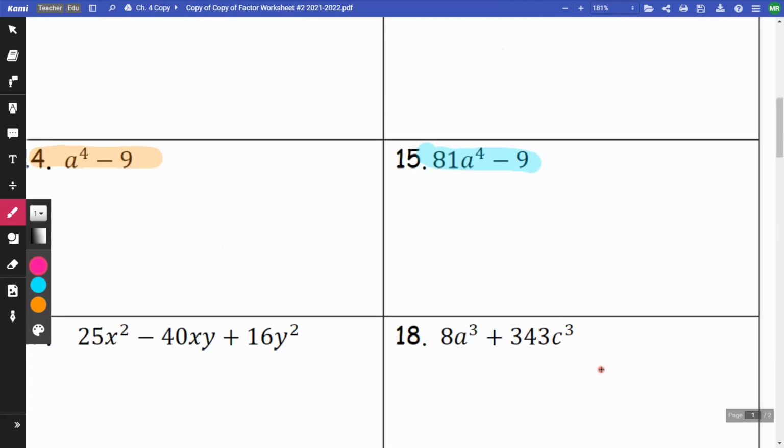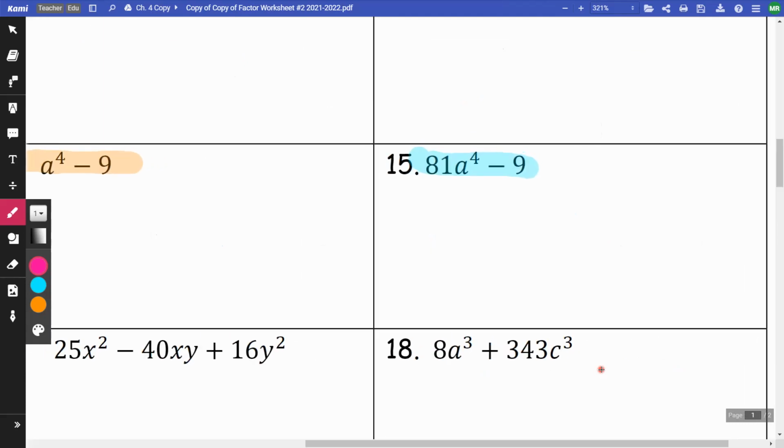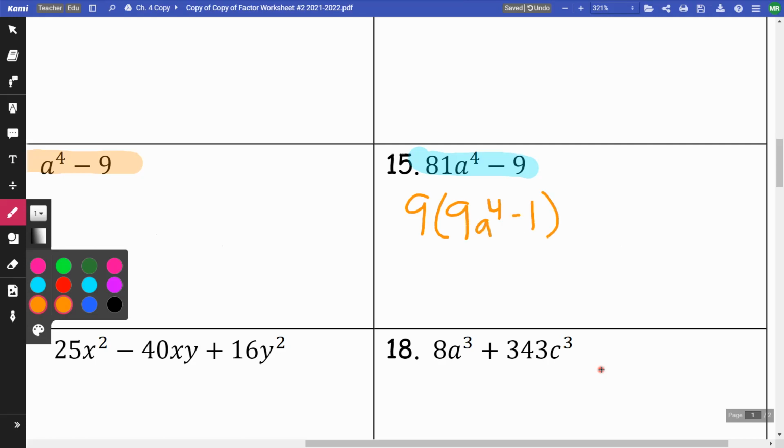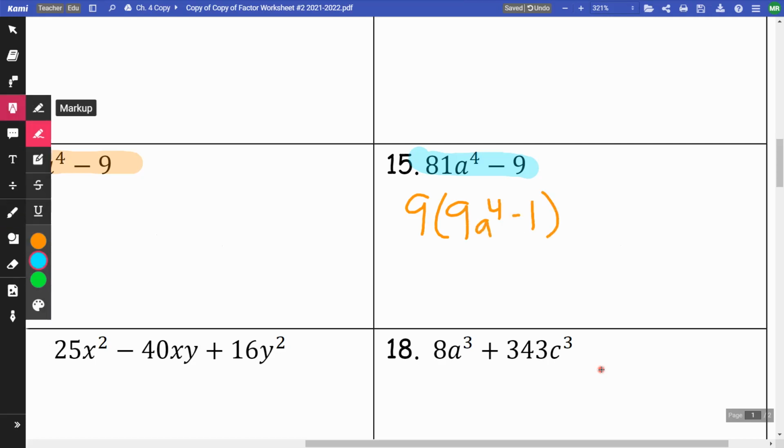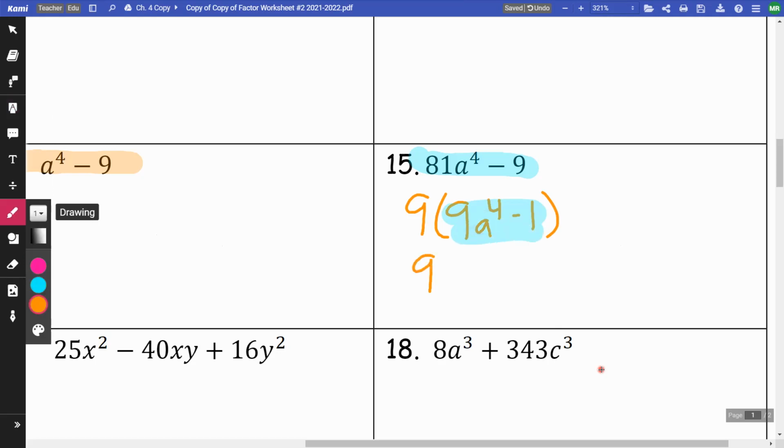Let me just say this one. I can factor out a 9 from this. These are squares, and this could be a 9a squared plus 3 and a 9a squared minus 3. But I can factor a 9 out first, and I get a 9 times a to the fourth minus 1. And this a to the fourth minus 1 is a difference of two squares.